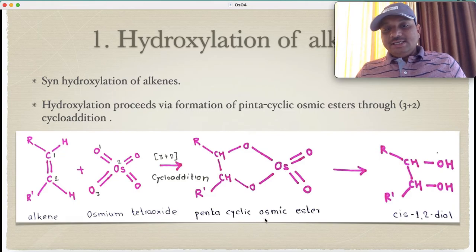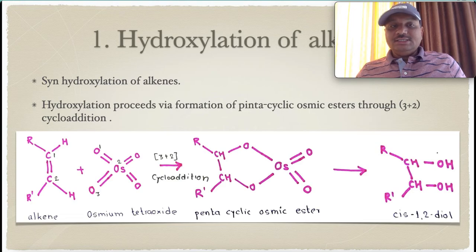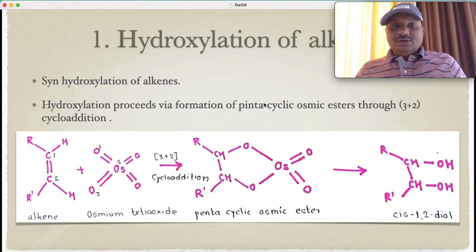On hydrolysis, there is the breaking of these two bonds and addition of a water molecule. It leads to the formation of the cis-1,2-diol. In the overall process, using osmium tetroxide, there is the syn hydroxylation of the alkene.